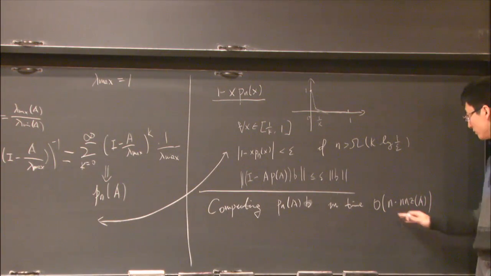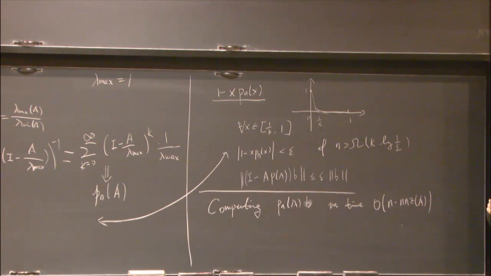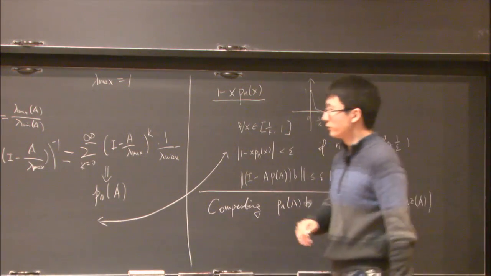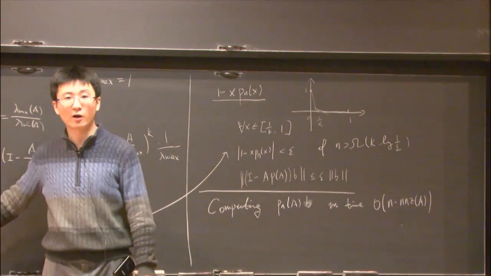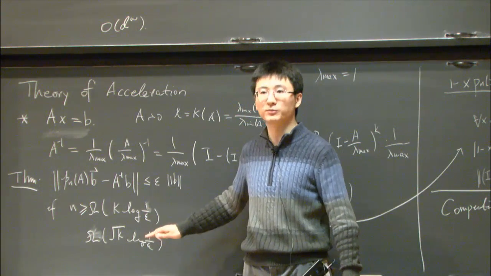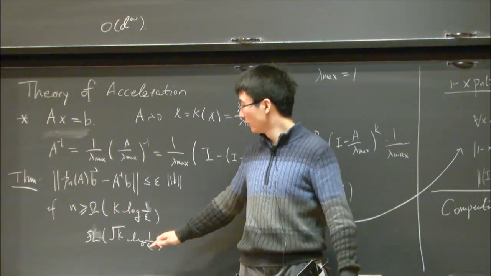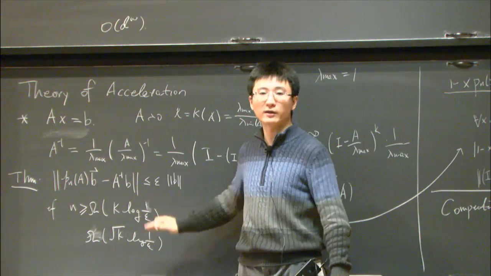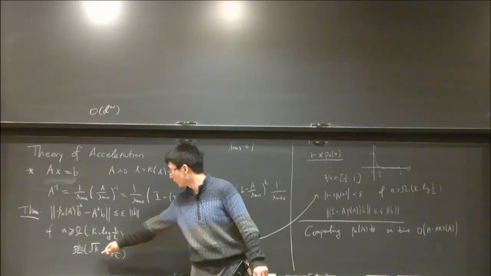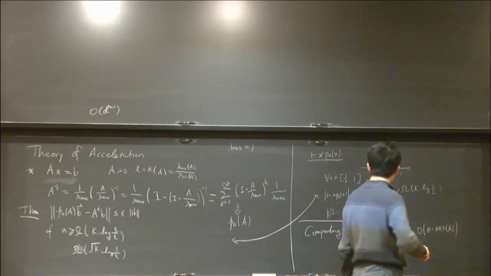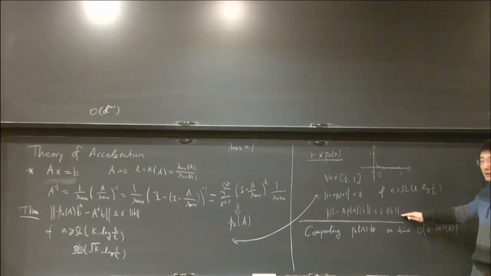So the running time is n times the number of non-zeros of the matrix A. As I forecasted a bit, that is optimal. In fact, in the worst case, we can get a polynomial with a degree of only square root of kappa that also satisfies the same thing. Then this running time is only square root n.